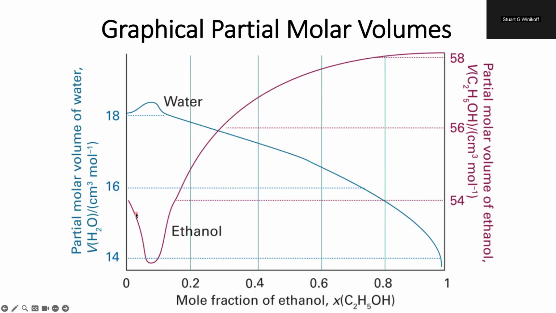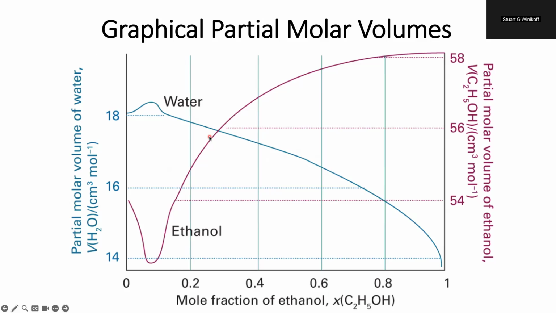Well, it's going to, as the ethanol will be decreasing its volume, but this causes the water to occupy more volume in compensation. So the idea here is the ethanol will come together and go smaller while the water expands to compensate. But in general, what we tend to see is these two behaviors will tend to reflect each other. As one goes down, the other goes up.